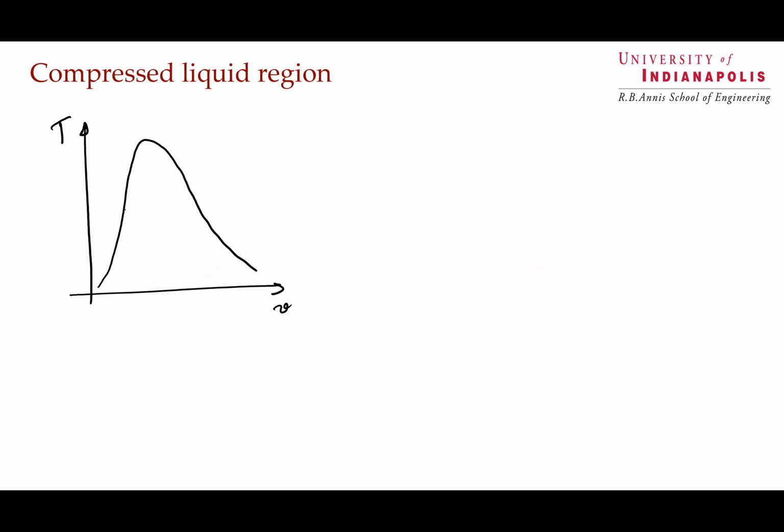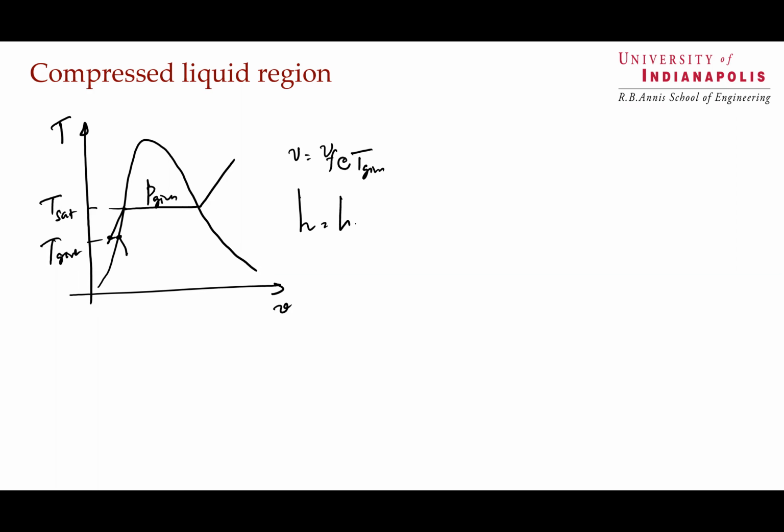And for the compressed liquid region, it's the same. You draw the TV diagram or PV diagram, and then you draw the given pressure, and that's the saturated temperature at P given, and your T given is lower than T sat. This is T given at P given. Then you approximate these values. Let's say V is equal to Vf at T given.